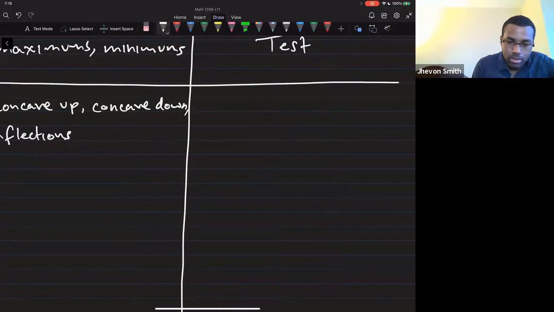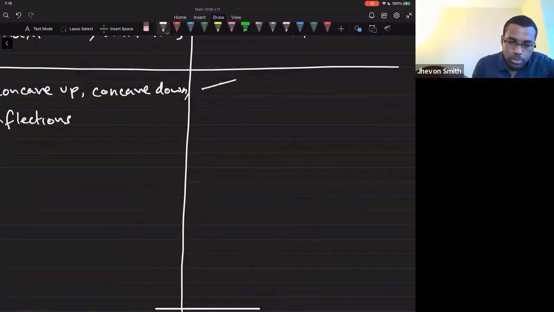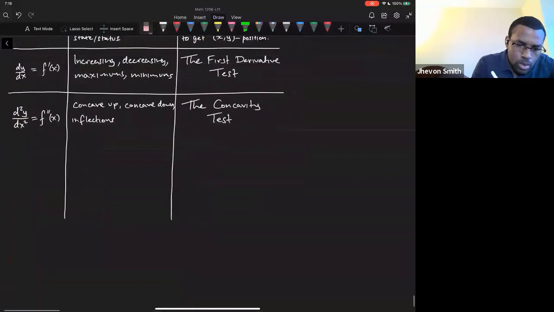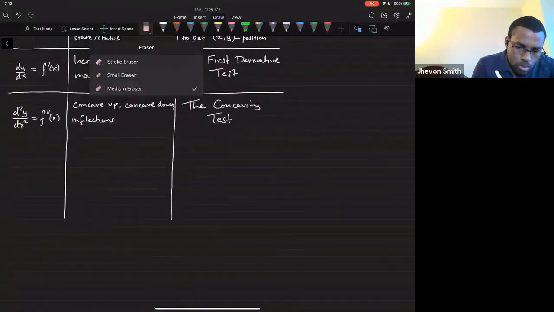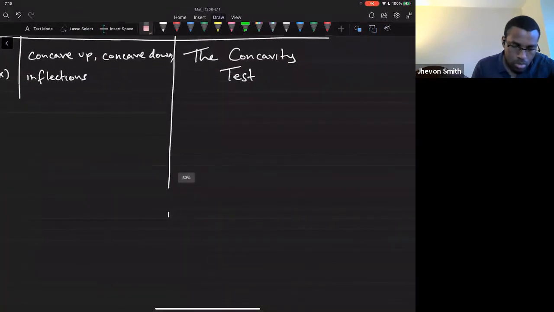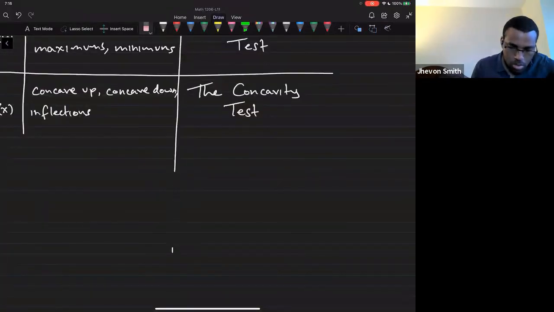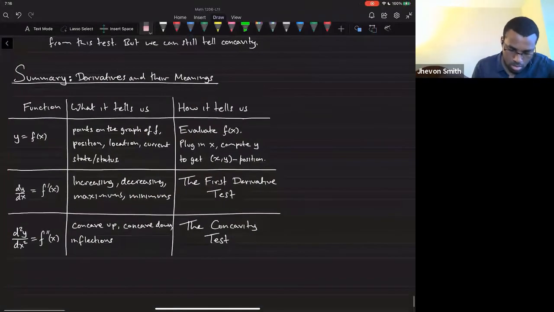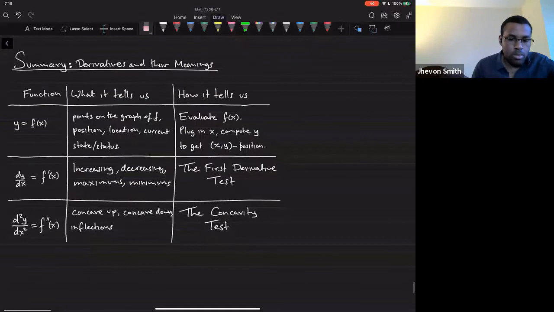The concavity test. Okay, so that's a summary.